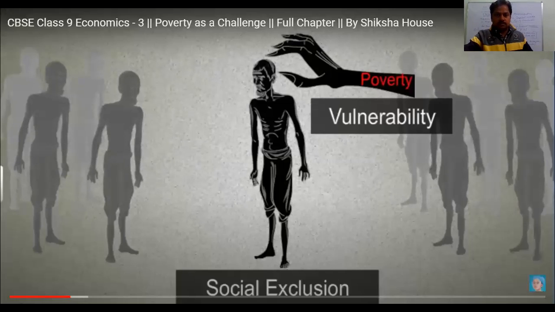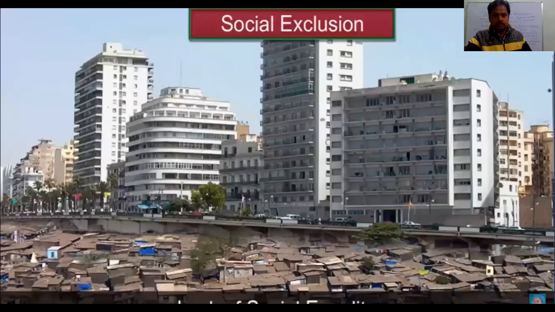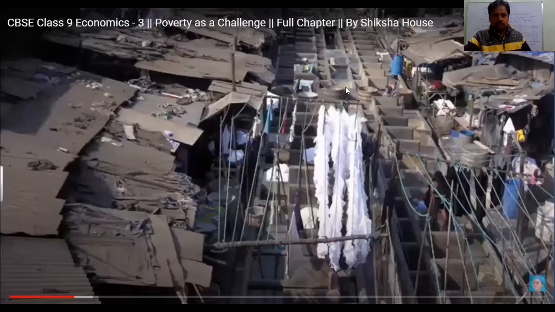The concept of social exclusion states that poor people have to live in poor surroundings, excluded from neighborhoods of people who are better off. Social exclusion can be both an effect and a cause of poverty.